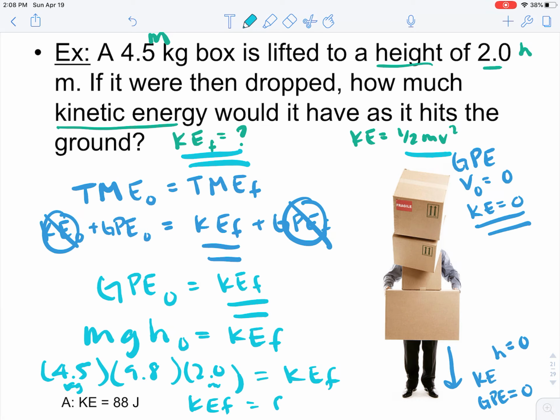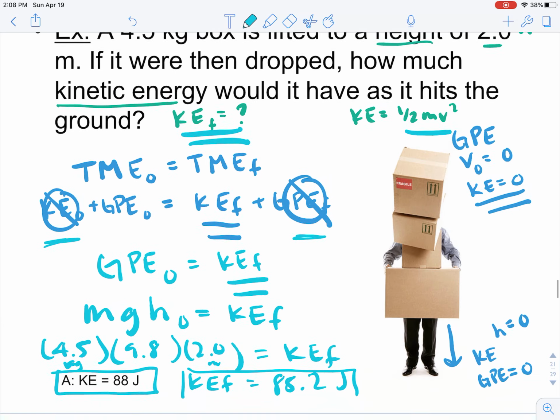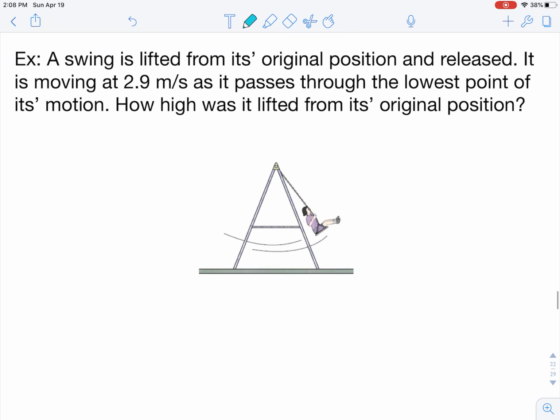When I plug all of that into my calculator, I get 88.2 joules, which I would round to just 88 to keep proper sig figs. You won't always be able to cancel out energies, but you can. And you should definitely pay attention to when an object isn't moving or when it's at the ground level, so you can make this giant equation simpler.